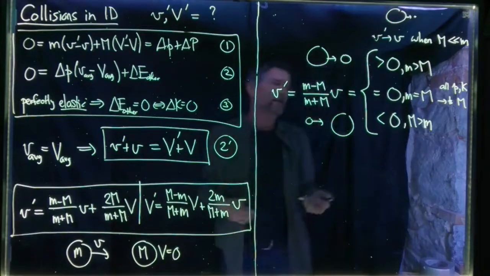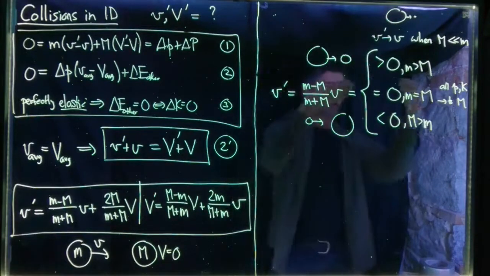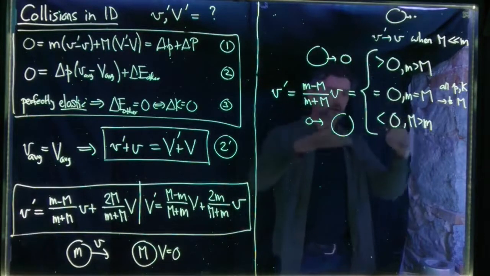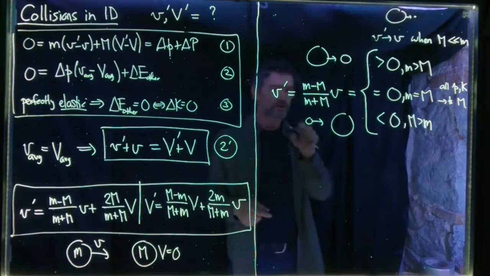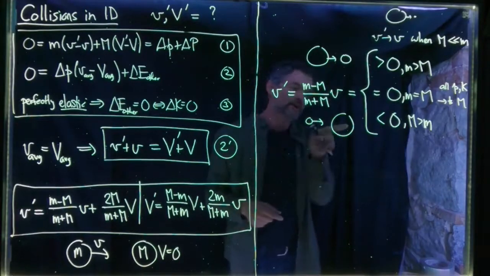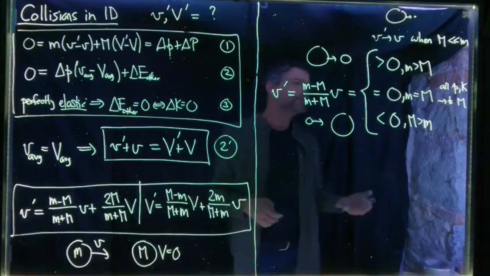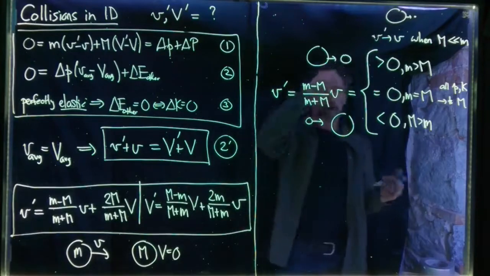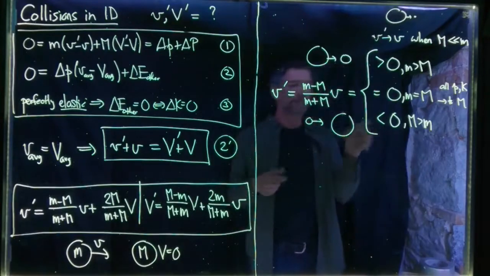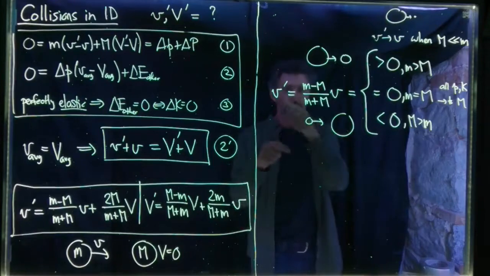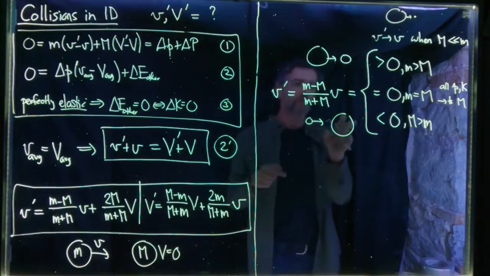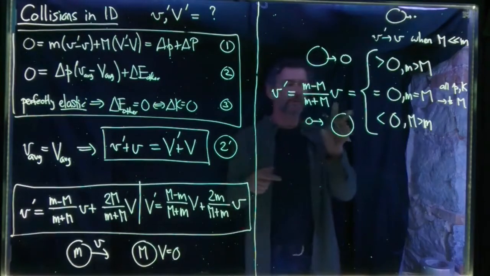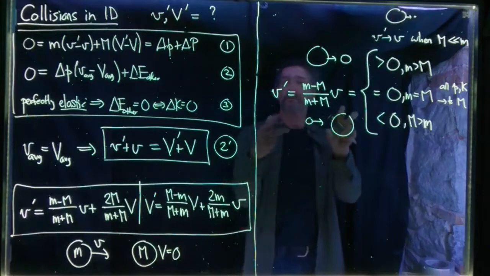Okay, and then we can look down to the other case, where now we have a smaller mass hitting a larger mass at rest. And so now in this case, the final velocity of little m, which is this v prime, is negative, which means it bounces back. So if this is a very massive object, this is not very massive, and it's a perfectly elastic collision, then it goes doom doom.